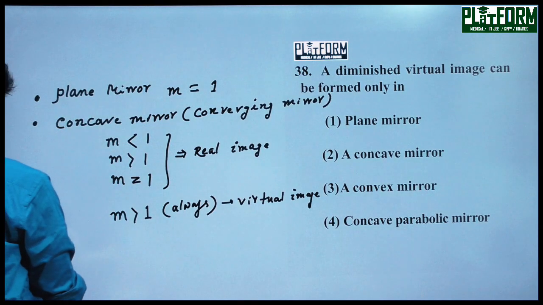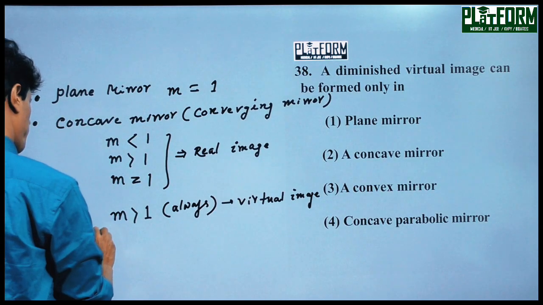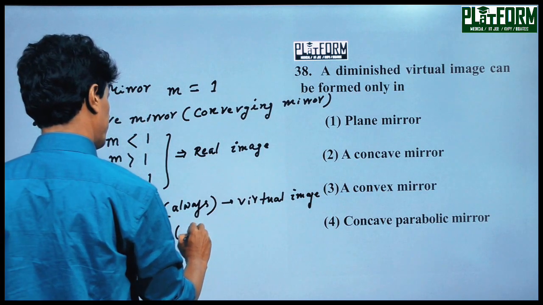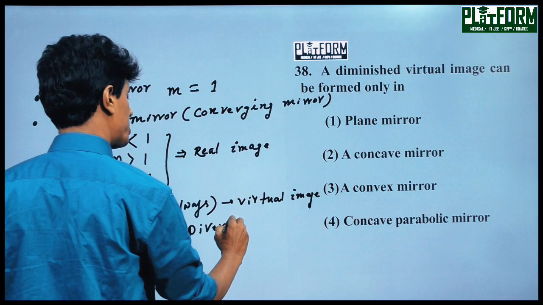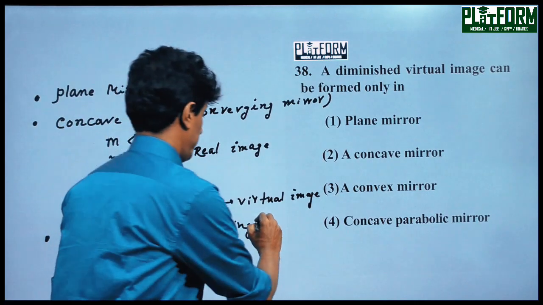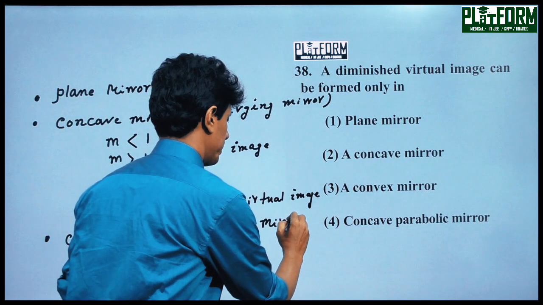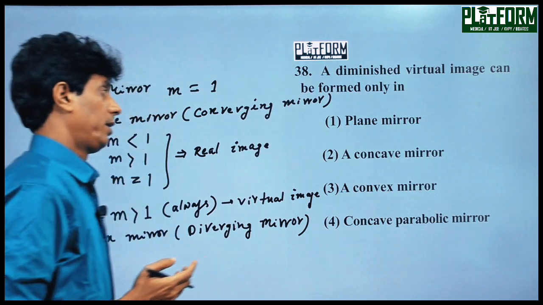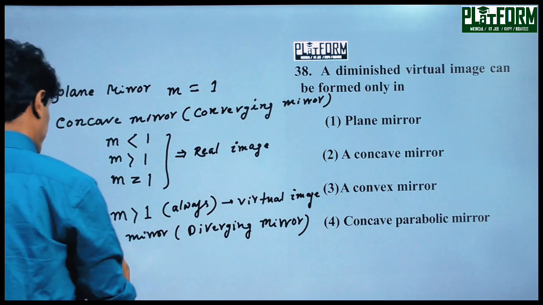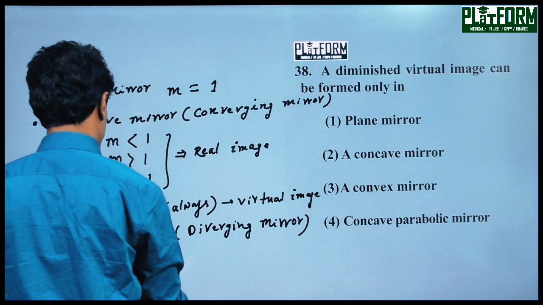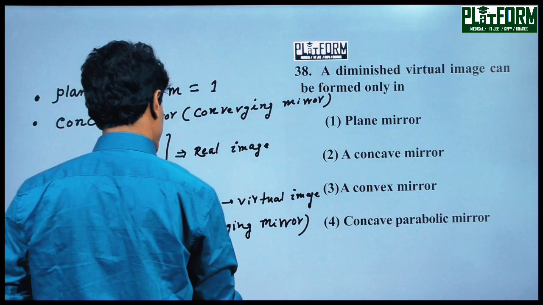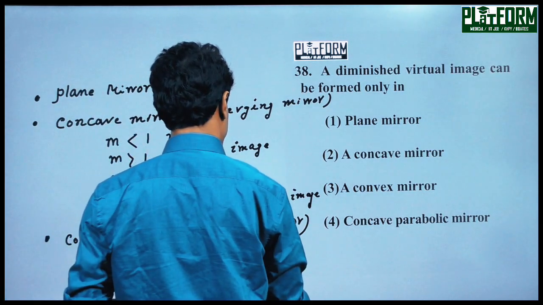And convex mirror is also known as diverging mirror. We know a diverging mirror always forms an image with magnification always less than 1, and the image is always virtual.